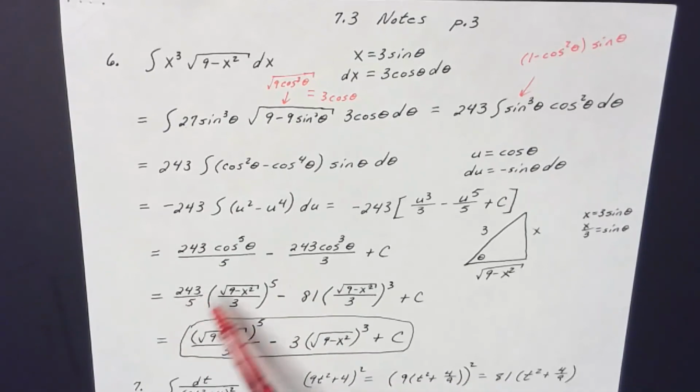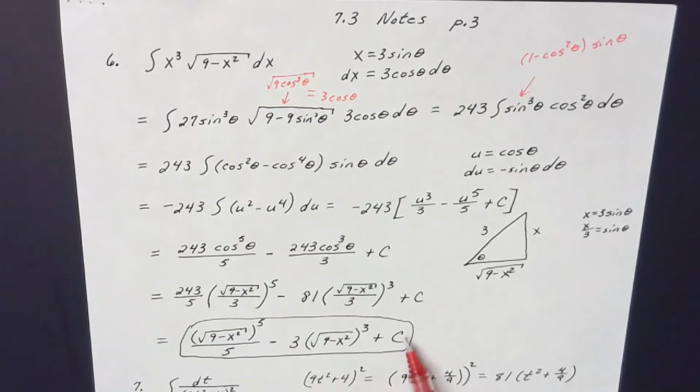That's why that 243 canceled out, and I only had a denominator of 5, and I just left my numerator as the square root to the 5th power. Minus over here, again, 3 to the 3rd power is going to be 27. So you have 81 divided by 27. That's going to give you a factor of 3 out front, times the root of 9 minus x squared quantity cubed plus c.